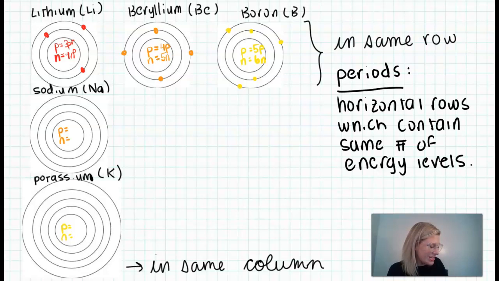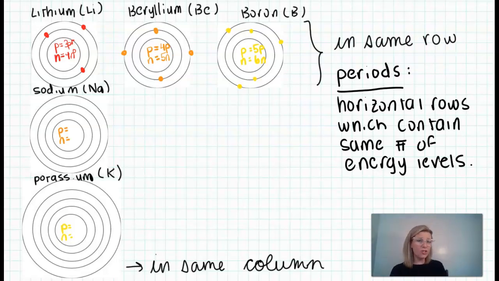So all of these elements, lithium, beryllium, and boron, are all in period 2 on the periodic table. And how many energy levels do they have? They have 2.